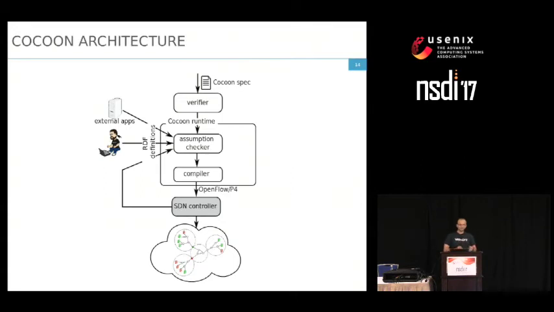They can come, for example, from automated network management tools or directly from the administrator, or they can come from the underlying SDN controller that monitors network topology and notifies Cocoon whenever configuration changes. And then finally, if all refinements are satisfied, the Cocoon compiler combines the lowest level specification with the RDFs we are given and outputs flow tables for all switches. At the moment, we support OpenFlow and P4 switches.